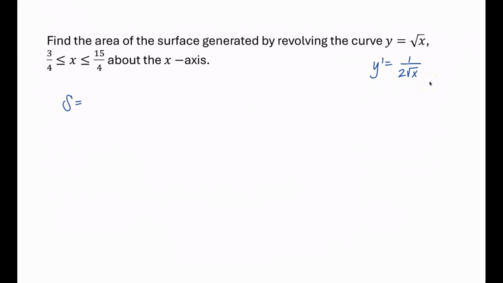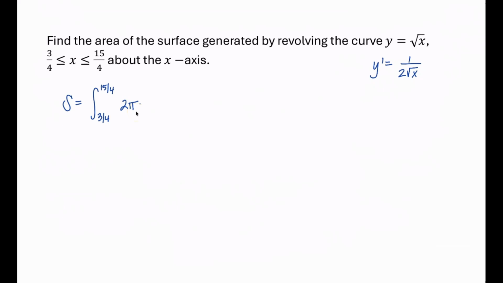So the surface area is going to be the integral from 3/4 to 15/4 of 2 pi, and then that radius is going to be f of x, so the function radical x. It's like 2 pi y, but I don't want to put the variable y here because these are x values.